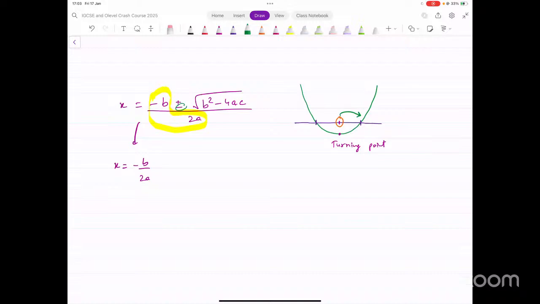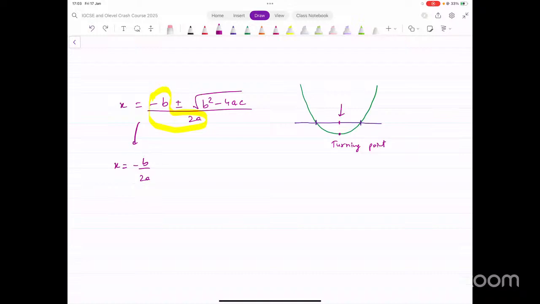And when you do minus something, that takes you to the x-intercept on the left side of that center. So if we just get rid of the whole thing after the plus minus, that basically gives us minus b over 2a. And that just tells us the x-coordinate of this point exactly in the middle. So we can find the x-coordinate of the turning point just by using minus b over 2a.